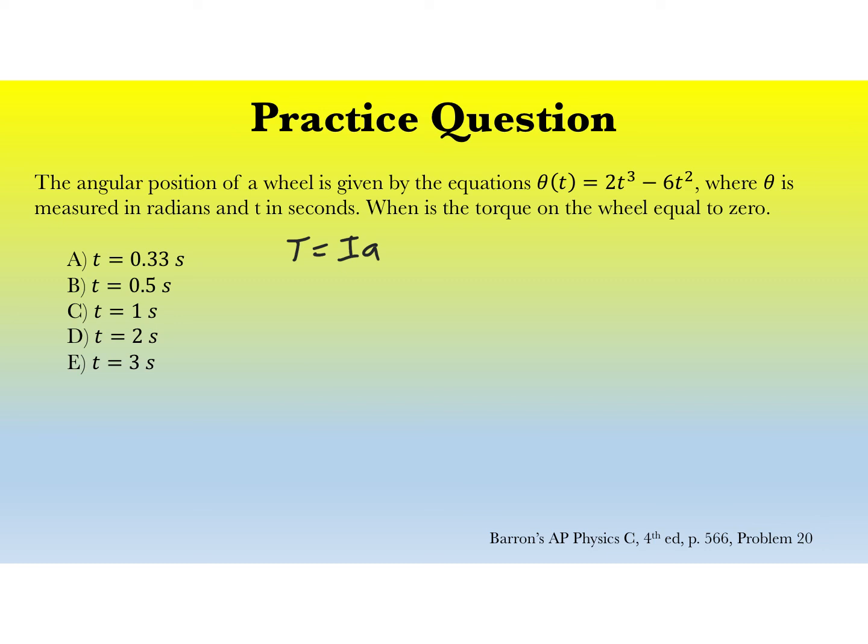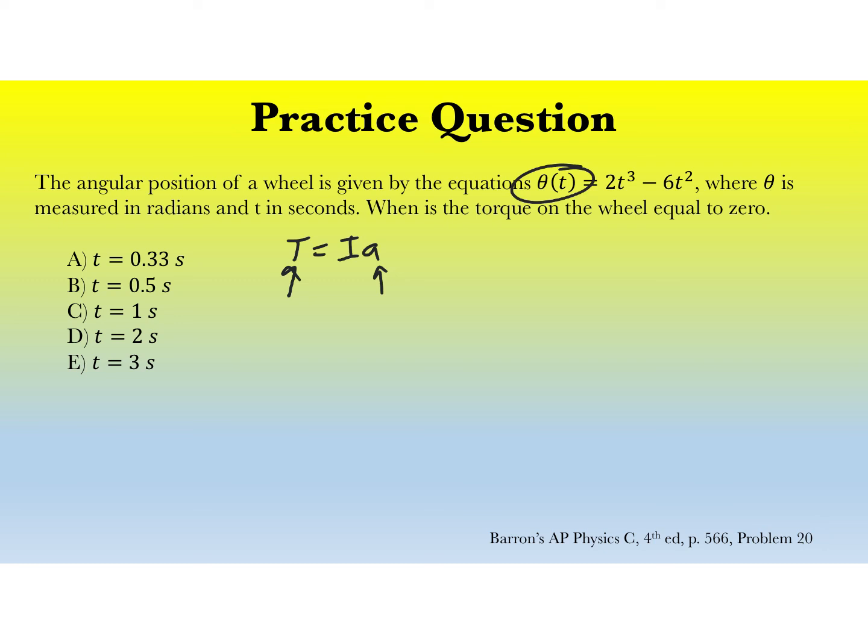The rotational inertia should be constant, and so the only way for your torque to be 0 is for your angular acceleration to be 0. Well, if we have an angular position, we need to take the derivative to get an angular velocity, and then take its derivative to get an angular acceleration. And if we can find where that equals 0, now we know when the torque is going to equal 0 as well. So we can use a second derivative.